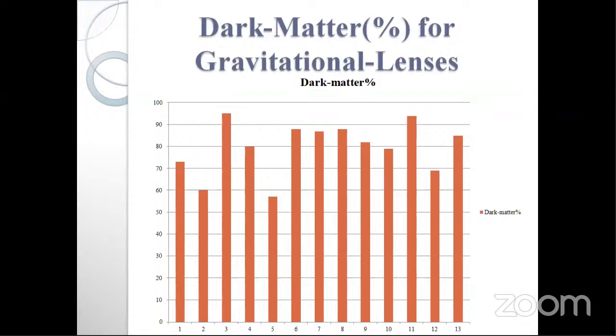Besides, I have just used 13 lenses, and this may not give very good statistics. We need to use a large number of lenses and study in different filters. I hope that will help to find the amount of dark matter as well as its distribution.